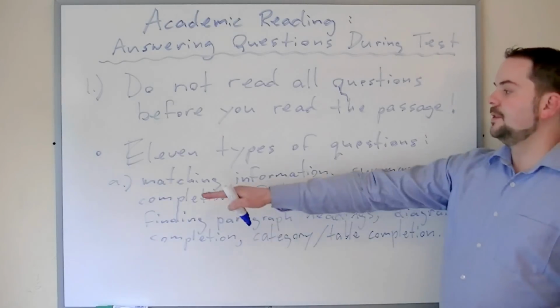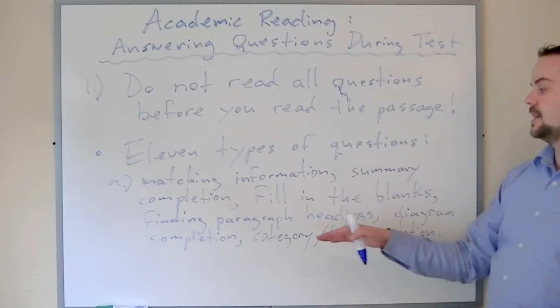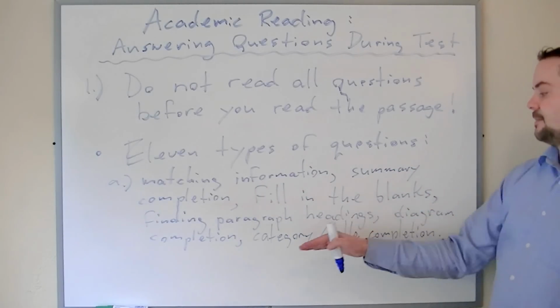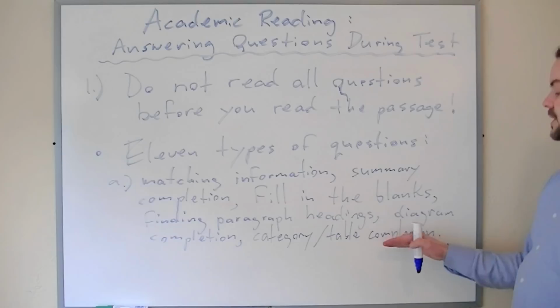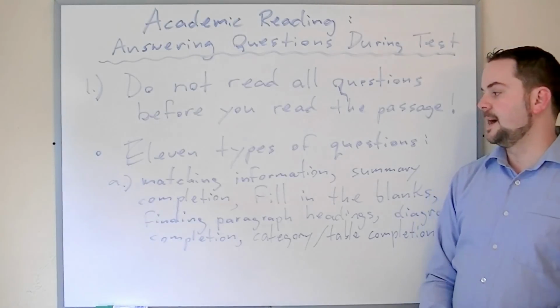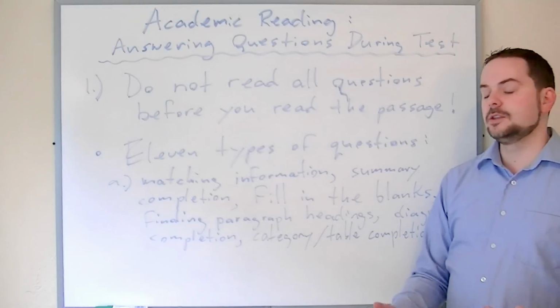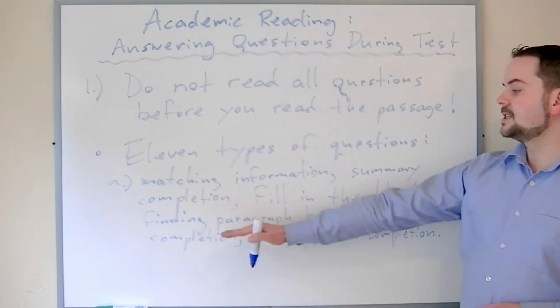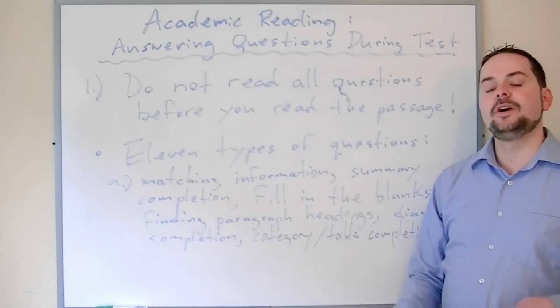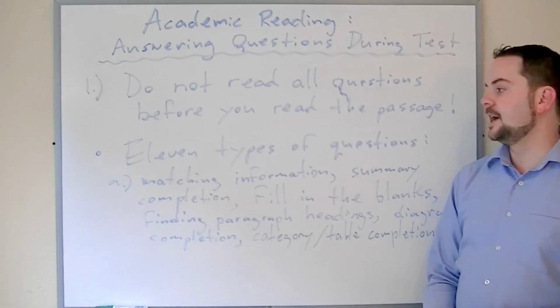Okay, so these ones, matching information, summary completion, fill in the blanks, finding paragraph headings, diagram completion, category table completion, these ones you should look at before you look at the passage. All of them contain information which is in the passage, so this will help you, except for finding paragraph headings. But finding paragraph headings is a special type of question, and we'll talk about that later.